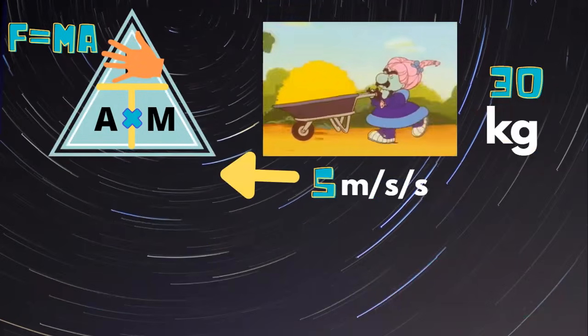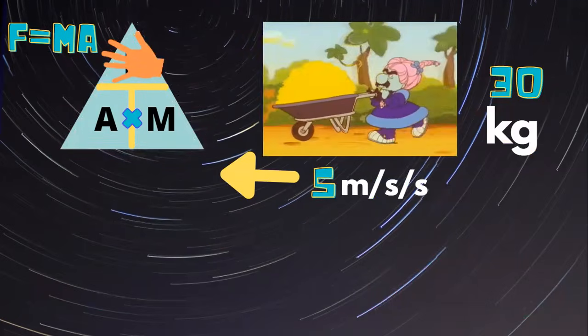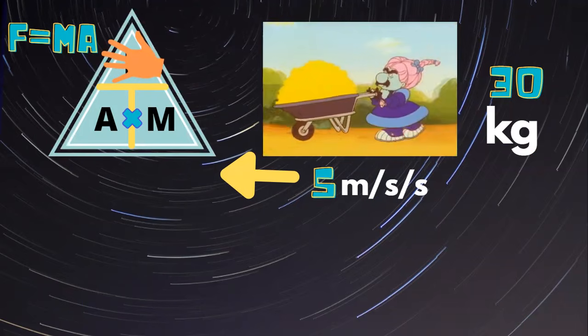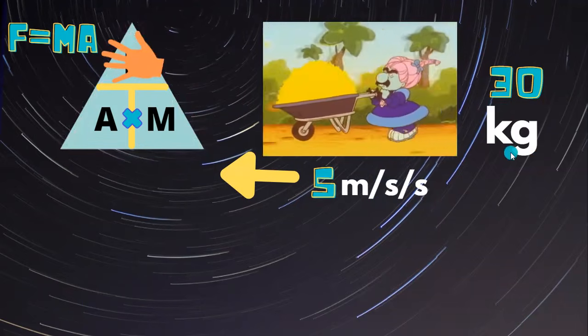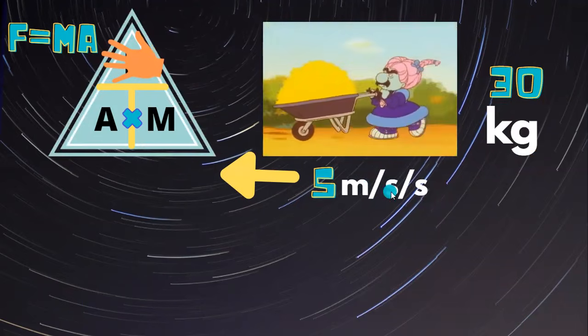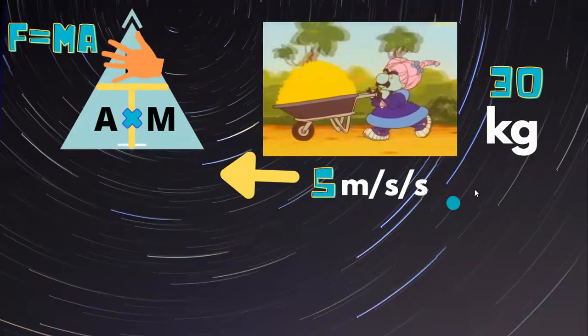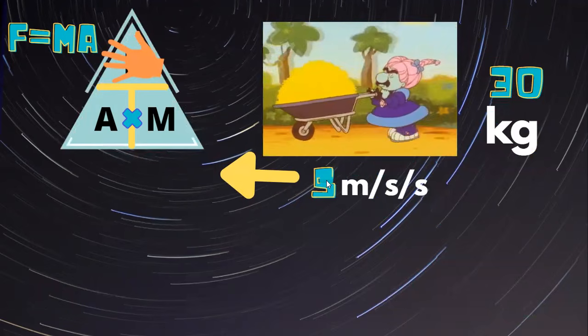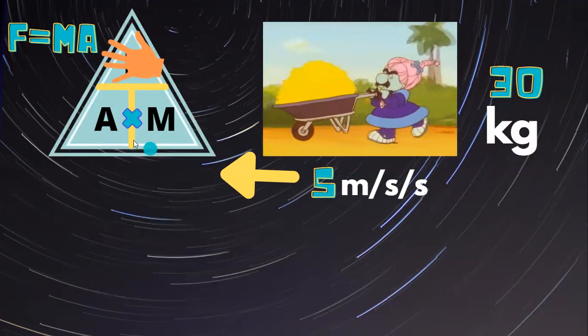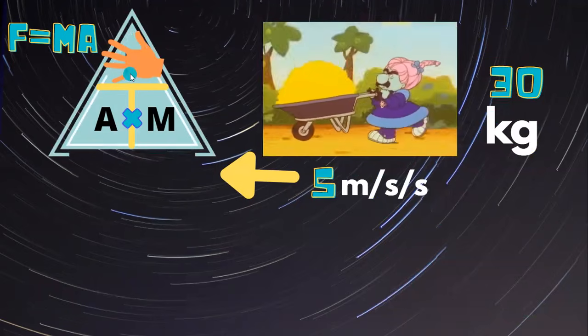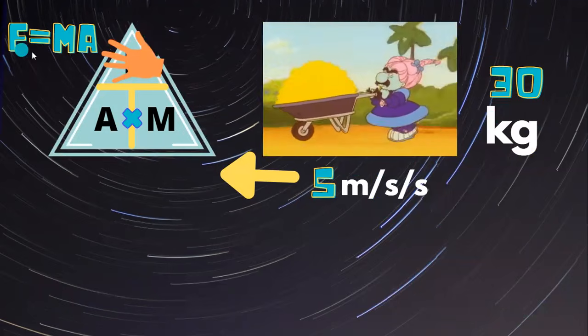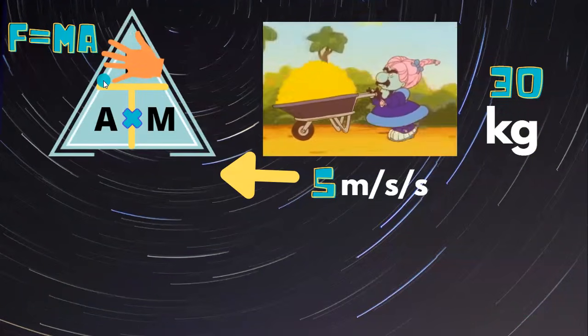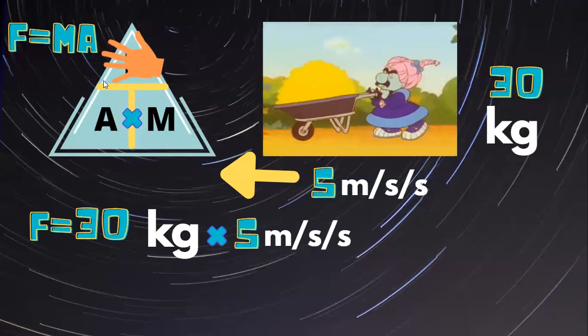Now let's look at this next one. Here we have a person pushing a wheelbarrow. It says that it has 30 kilograms and it's moving at 5 meters per second squared. Again, we know this is the mass and this is the acceleration by looking at the units. So we cover up force and notice that we have force equals mass times acceleration. We plug those numbers in.